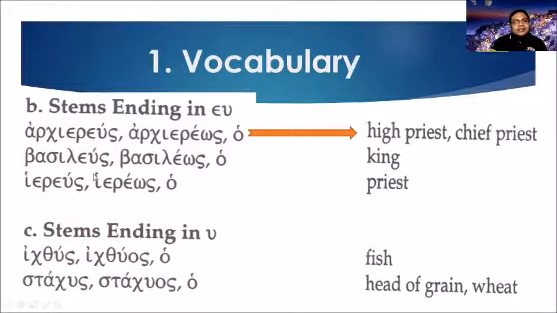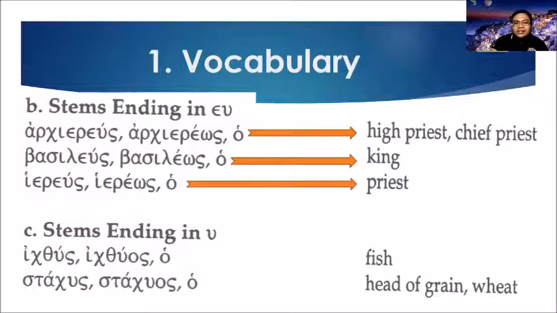Next word is basileus, and in the GA it is basileos. It means king. Last time we learned about basileia, which is kingdom, and now we have basileus, king. Next word is hiereus, in the GA hiereos. It means priest. So as you can notice, the stem endings end with epsilon-upsilon.